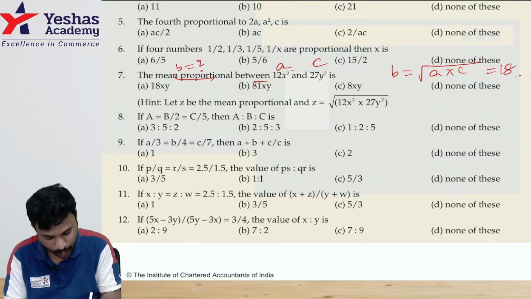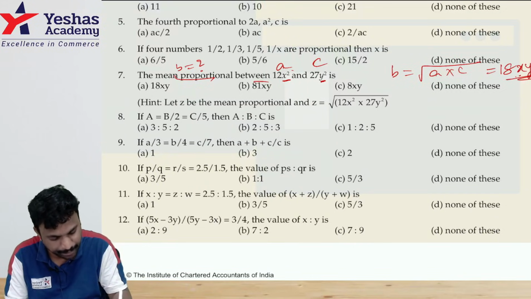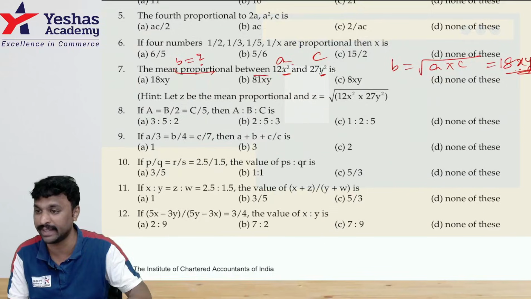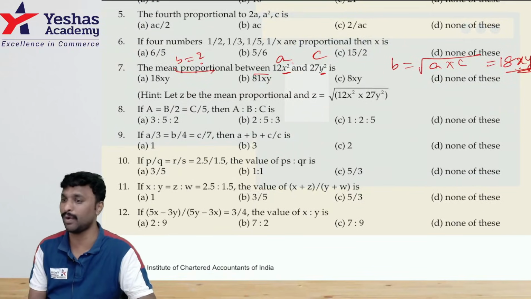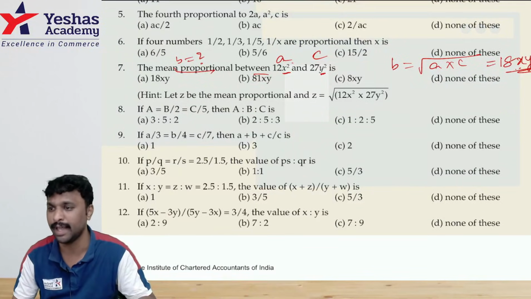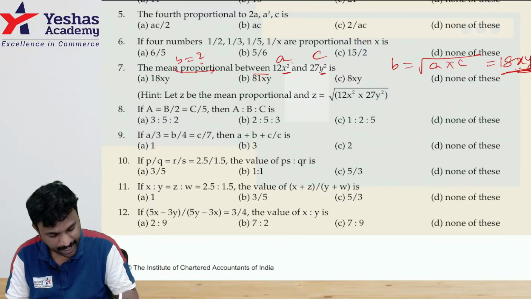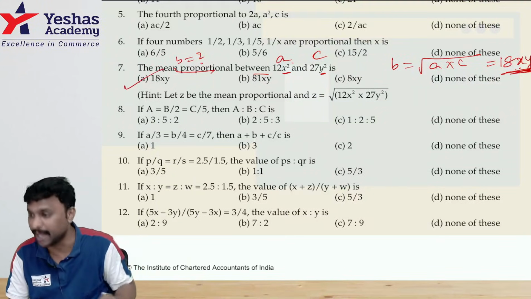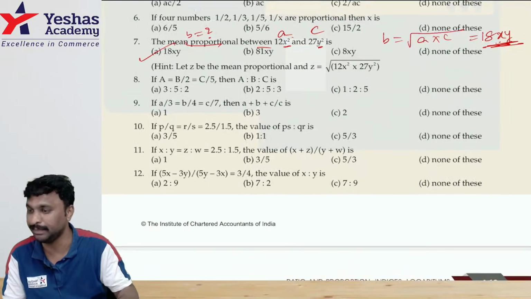Correct? And square root of x square and square root of y square is nothing but x into y, because both x square and y square will be within the root. If I take them out of the root, x square becomes x, y square becomes y. That means 18xy is the answer. Option A. Have you understood?